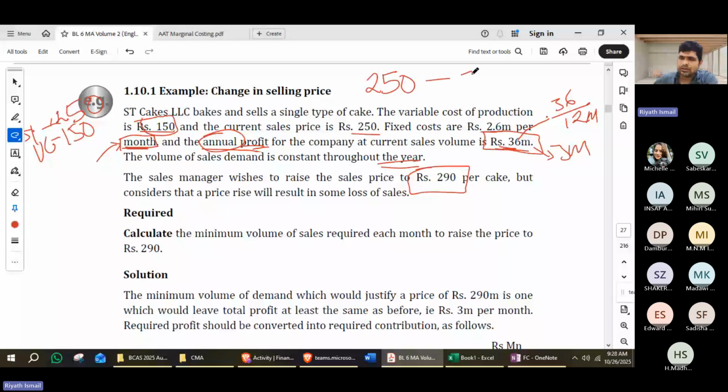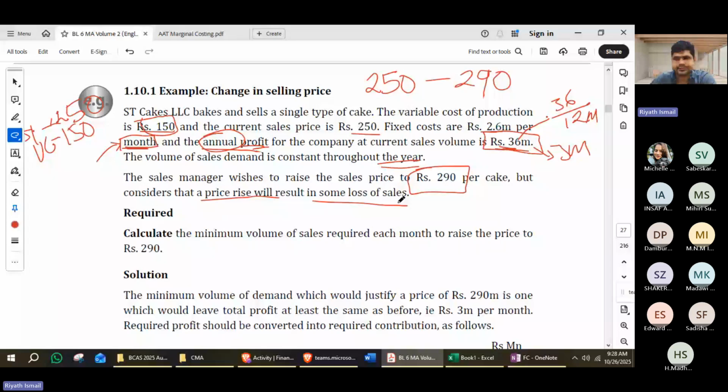So when they increase the selling price, there will be a loss of sales. There will be a reduction in the demand when price goes up, and consequently sales volume goes down. But consider that price rise will result in some loss of sales.